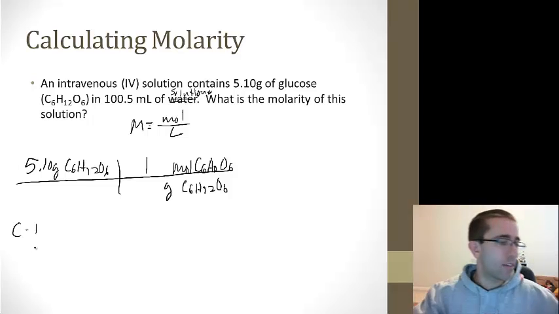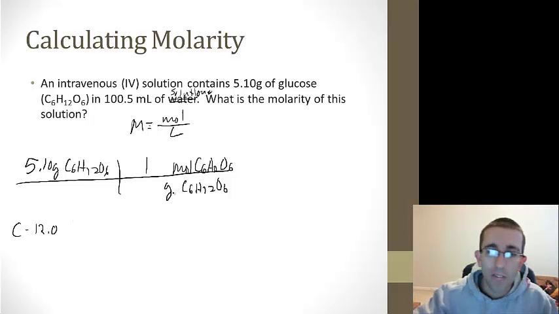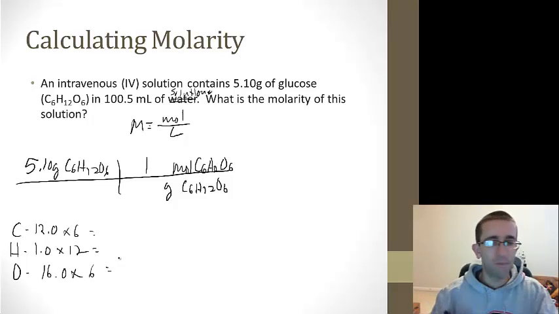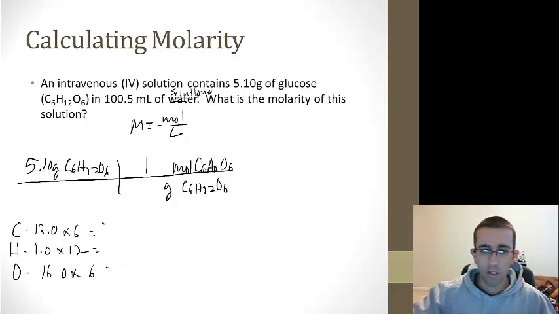Get a periodic table out. Carbon is 12.0 on the periodic table, and we have 6 carbons here. So I'm going to multiply that by 6 in just a second. Hydrogen's 1.0 on the periodic table, and we have 12 hydrogens here. And oxygen's 16.0 on the periodic table, and we have 6 oxygens here. So I'm going to multiply those numbers. Grab a calculator out, please. 12 times 6 is 72.